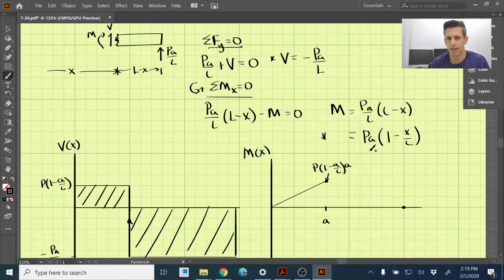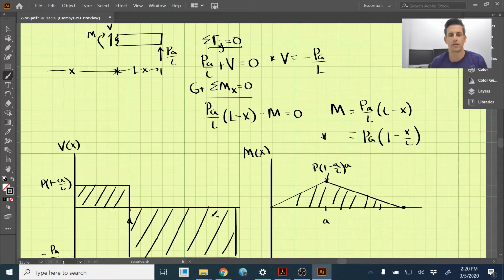Now let's check at point A here. If we put in A to this equation, we have PA times 1 minus A over L, and that is exactly what this value is right here. This equation is linear, so we just need to connect those two. Something like that, and then that is our moment diagram.